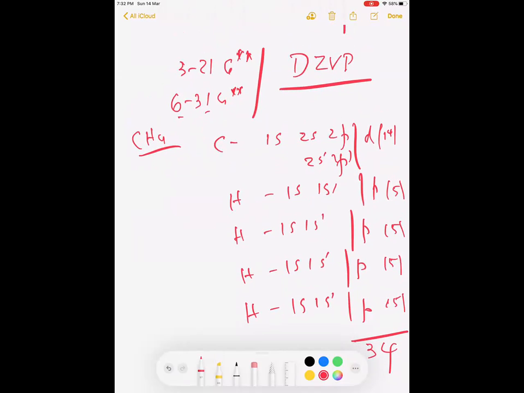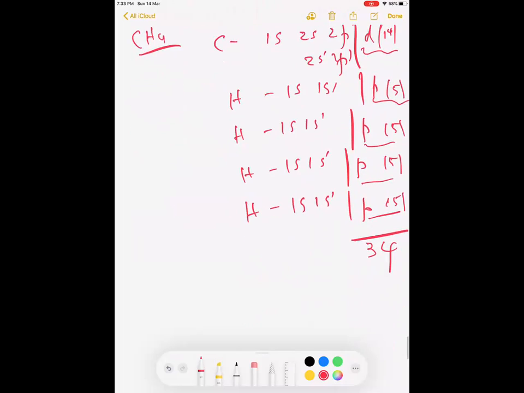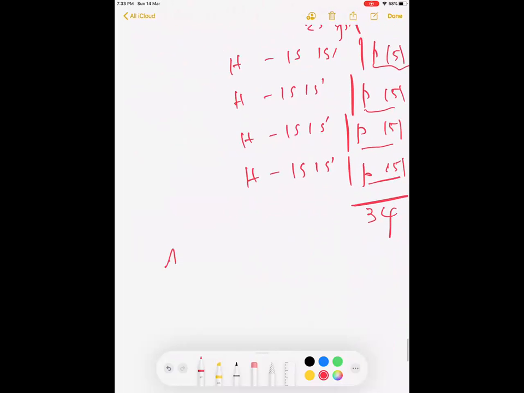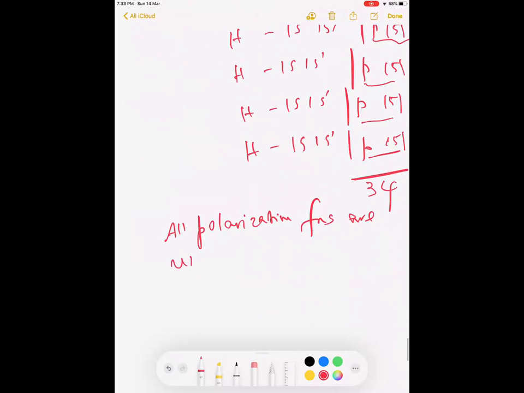The question that you will ask: what is the number of Gaussians for the polarization function? Very often, and this is standard nomenclature, all these polarization functions are just one Gaussian. So basically uncontracted Gaussians. They have, of course, the exponent.